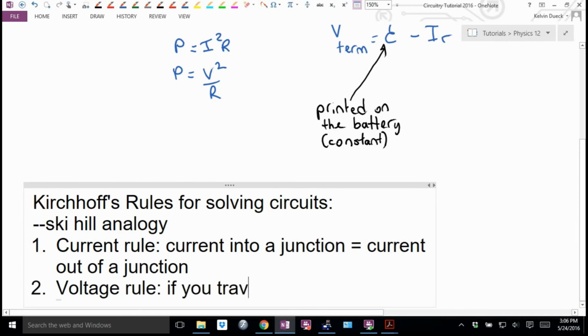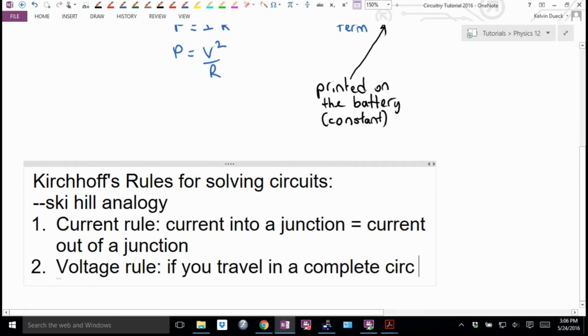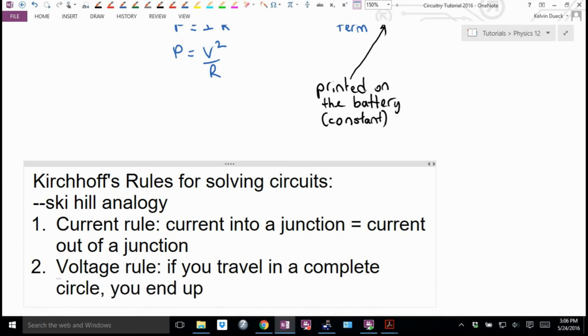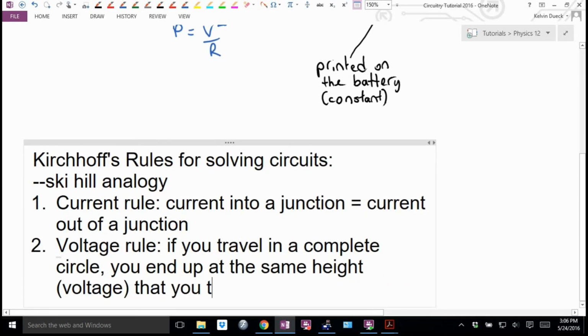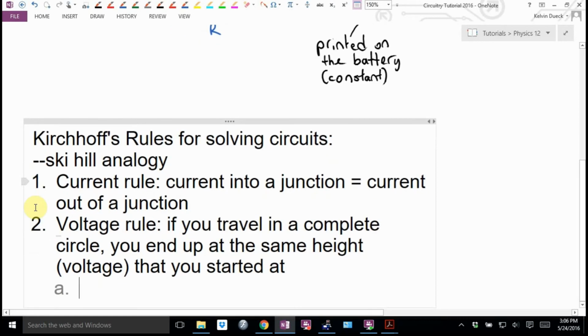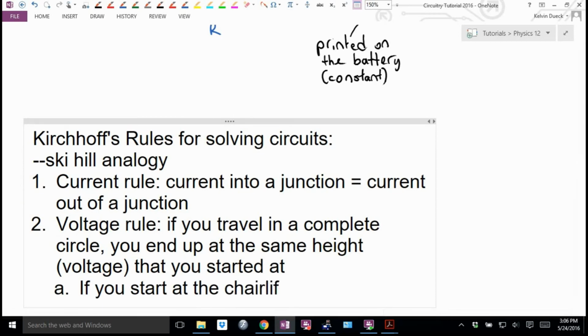If you travel in a complete circle, good gosh, always going downhill, you end up at the same height, and I'll put in brackets here, voltage, that you started at. And what we often did was this. If you start at the chairlift, what was the chairlift in the circuit?